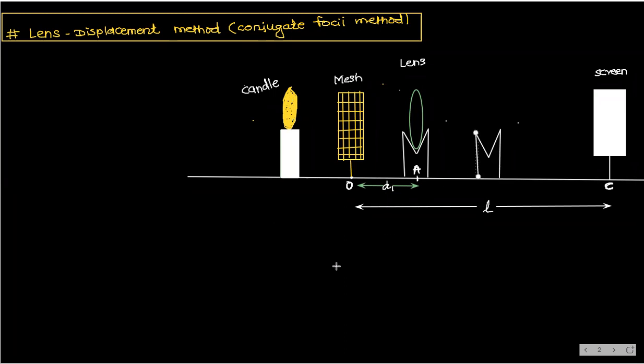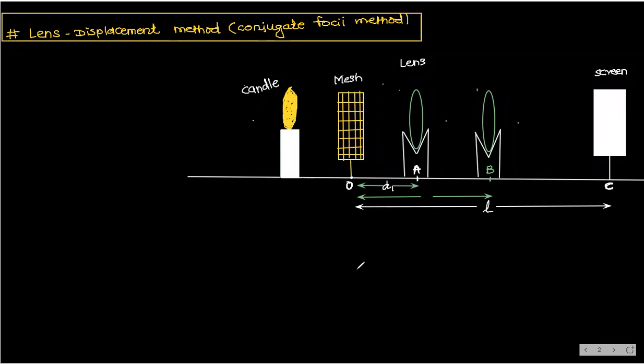So I will get another position of this lens, where I am getting a diminished and clear image. This position I am denoting with a point B. And the distance from this point to this point I am measuring as how much?